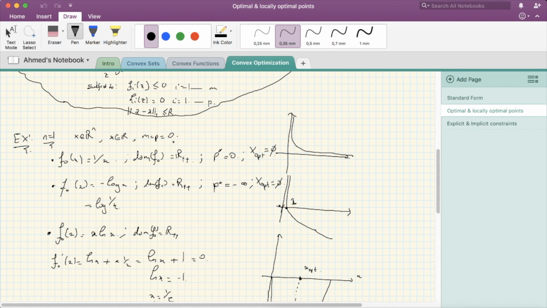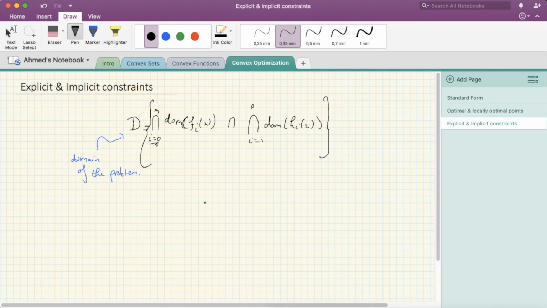So in that case, you're restricted by this line, right? So you should be working only to the left of this line, right? So everything here. I didn't come and tell you that. Well, in that case, when both m and p are 0, then my problem is said to be unconstrained, right? Simple as that.